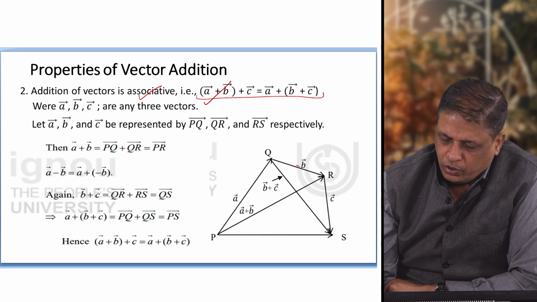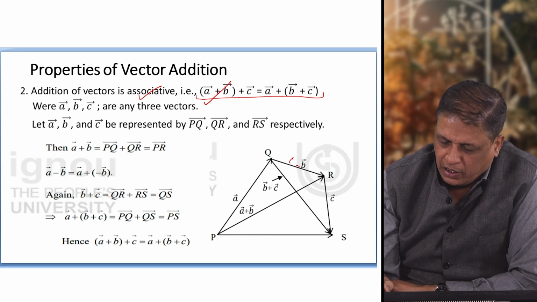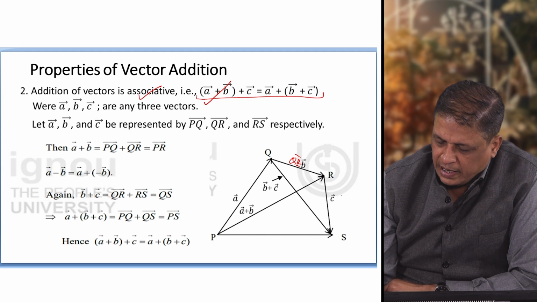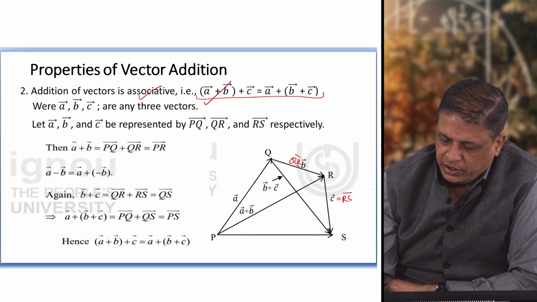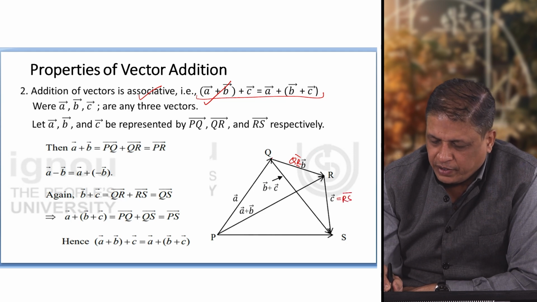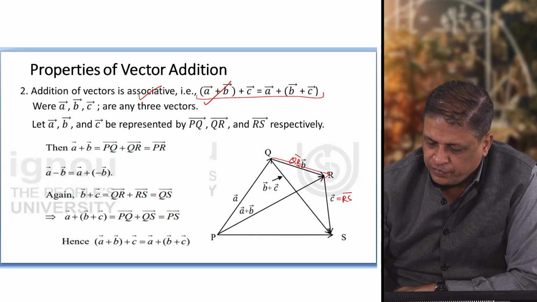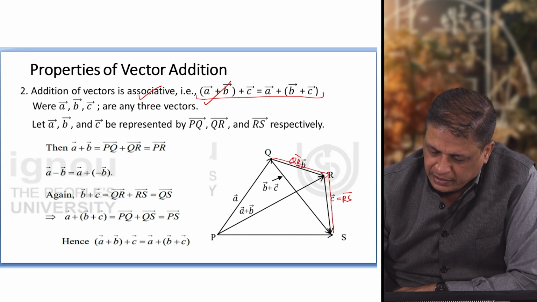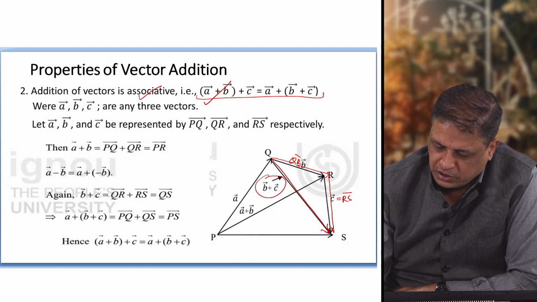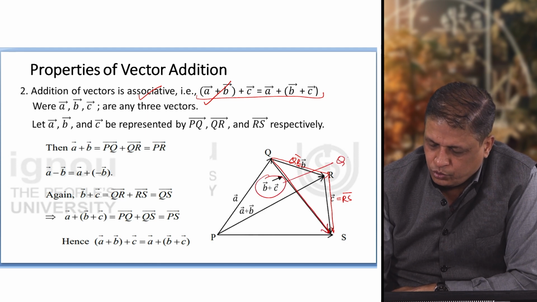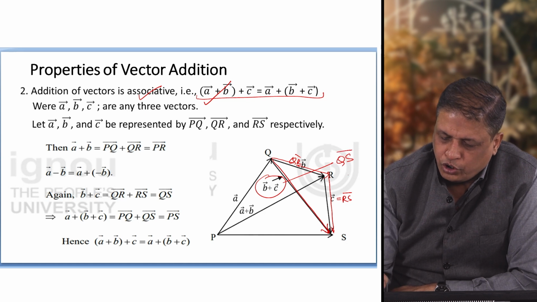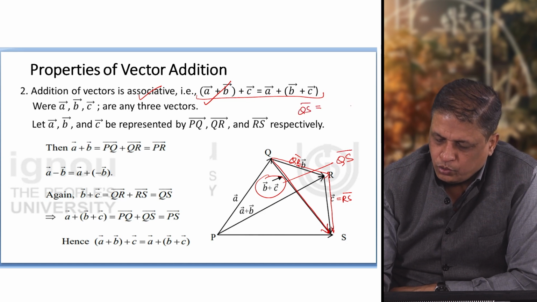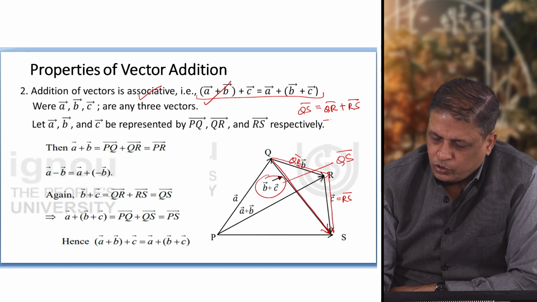If we look at vector QR equal to B and RS vector equal to C, then applying the triangle law of addition of vectors to QR and RS, the resulting vector will be B plus C. So B plus C is nothing but vector QS. QS vector is equal to QR vector plus RS vector, that is B vector plus C vector.